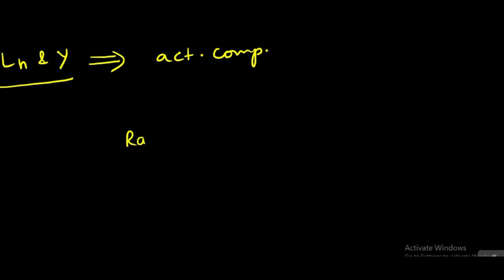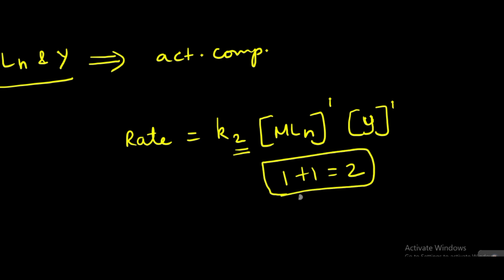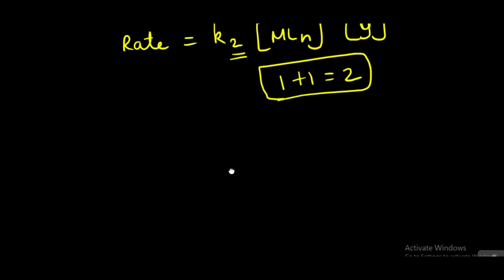So we can write the rate constant as k2. Why are we writing k2? Since it follows second order, MLn power 1 and Y power 1, 1 plus 1 is 2. Therefore it is second order. That's why it is known as a bimolecular reaction.